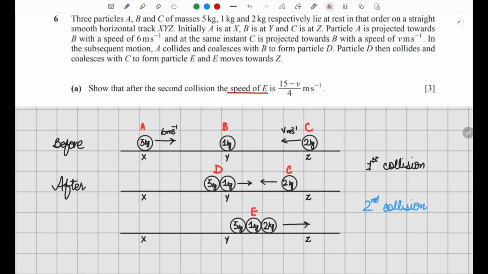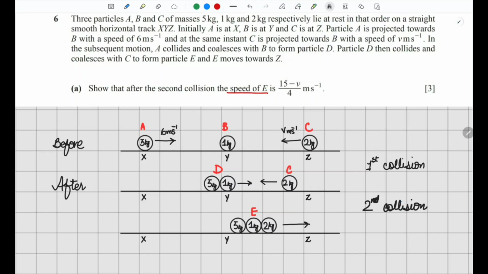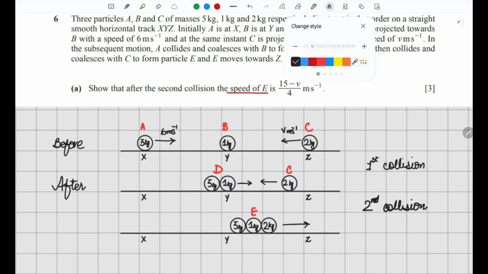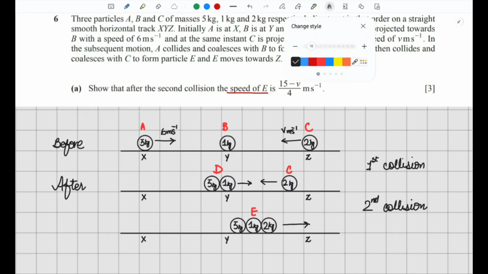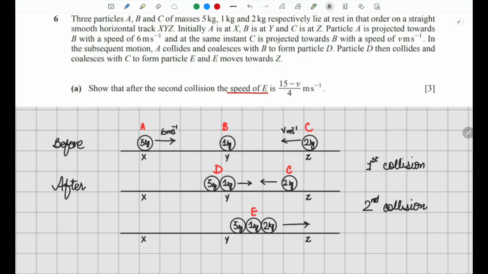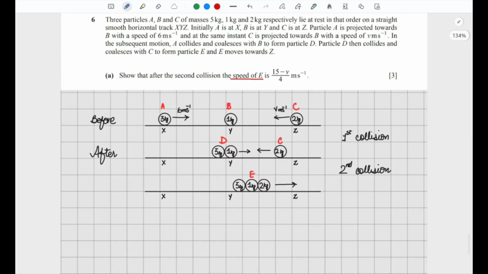Okay, it seems a little off, no longer of the same size. Okay, so now let's get to the working of this further. So we'll apply the conservation of momentum for the first collision.